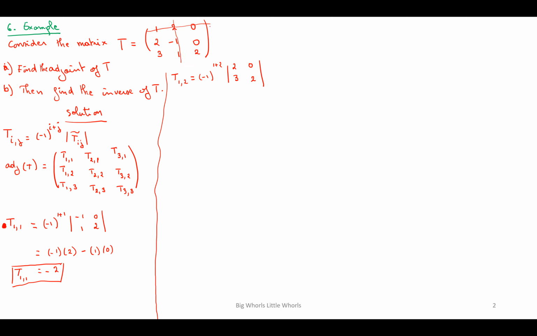So if we delete the first row and the second column, we are left with the matrix 2, 3, 0, 2. Okay, so we have here minus 1 multiplied by 2 by 2 minus 3 by 0, which is equal to minus 4. T12 equals minus 4.